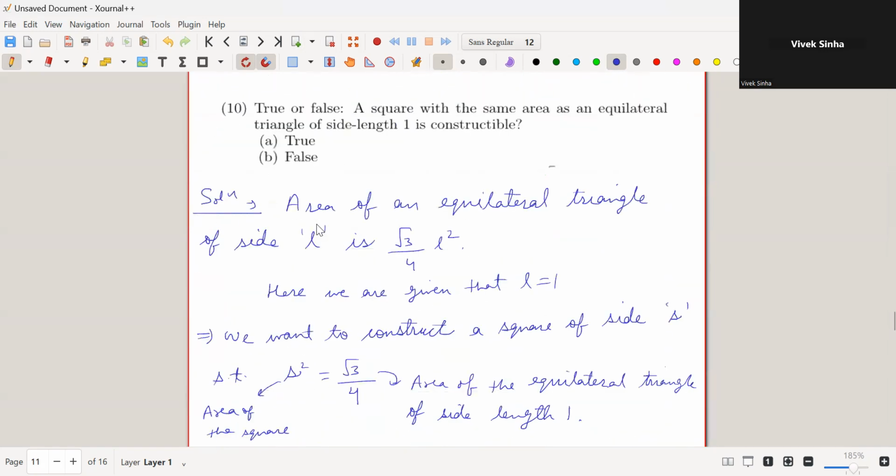It says a square with the same area as an equilateral triangle of side length is constructible. This one. Sir, next slide. Your voice is breaking. This one. Sir, down please. Hold down.